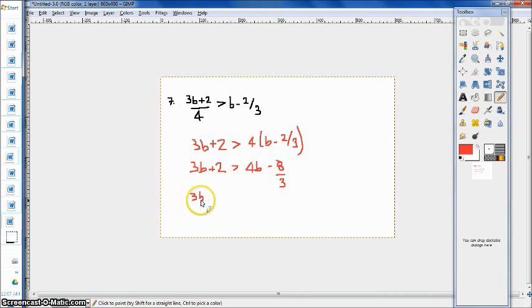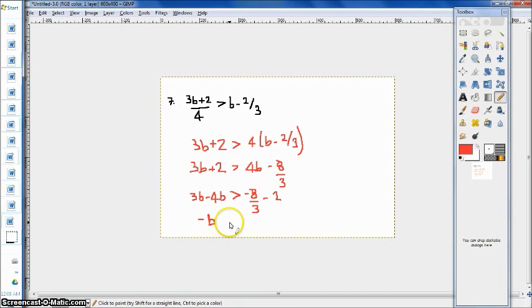Now we're going to rearrange. So we have 3b minus 4b is greater than negative 8 over 3 minus 2.